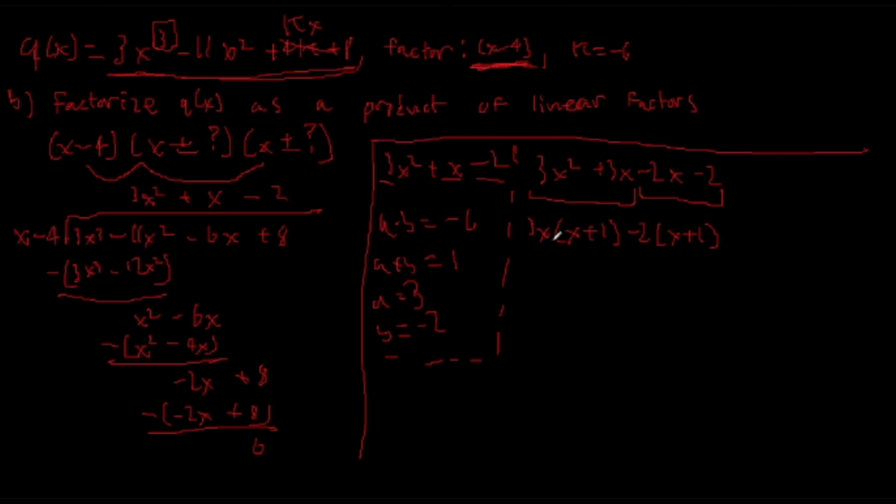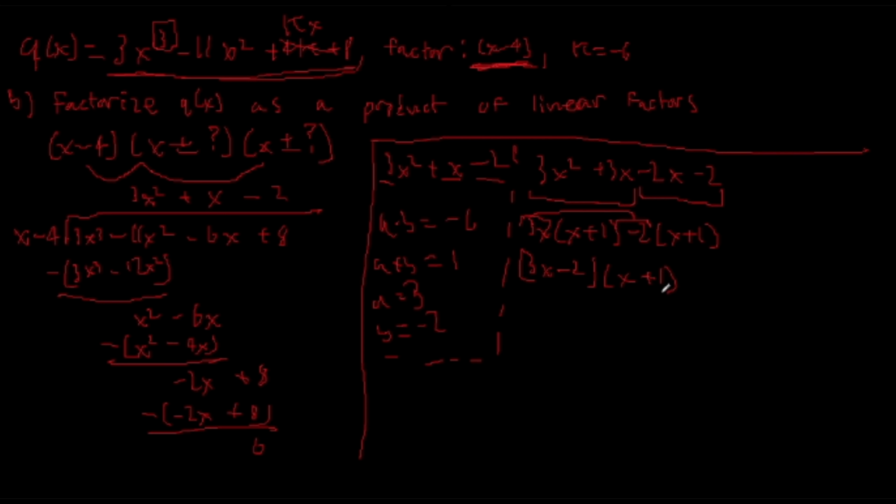You see, this is why we separated the 3x on this side and the negative 2x on that side, so we'd get x plus 1 in both parentheses. And so all of this can simplify to 3x minus 2 times x plus 1. You can see we just took the 3x from here and combined it with the negative 2 from here.